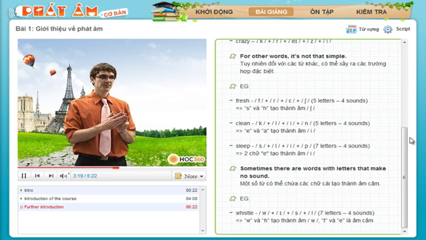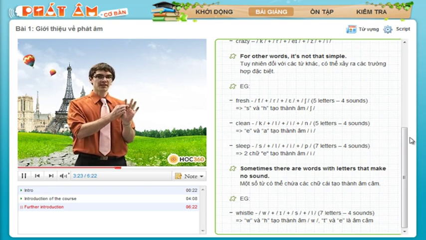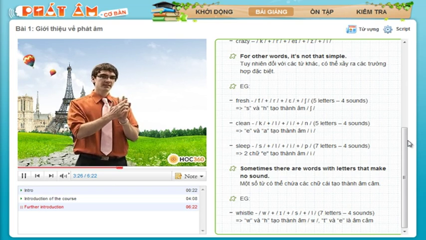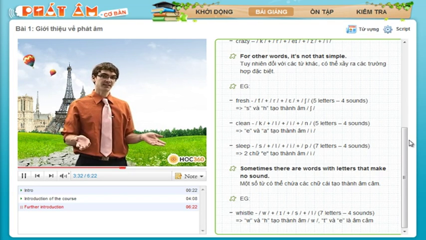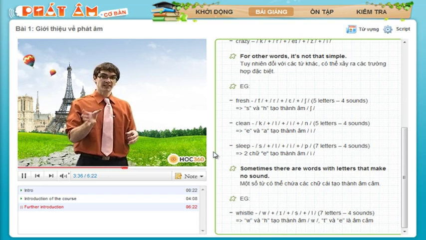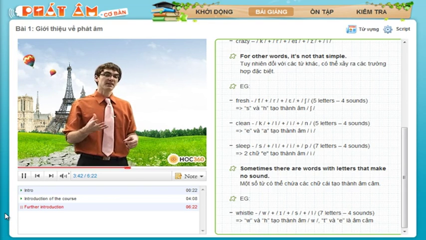That's because you've got W-H working together, W, I, S. Then the T is silent, and then the E at the end is silent as well. So sometimes you'll see a letter there that you don't have to pronounce, and I'll occasionally hear a student make the sound of that letter when it's not necessary.